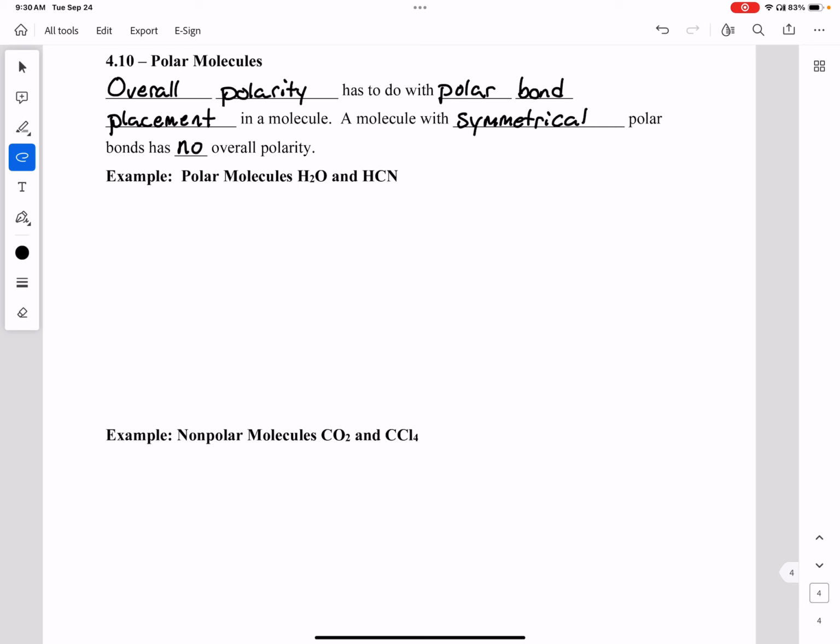So let's look at H2O and HCN. I have my bent shape with H2O. These hydrogens are slightly positive, and this oxygen is slightly negative. So I could draw this overall polarity with a dipole arrow.